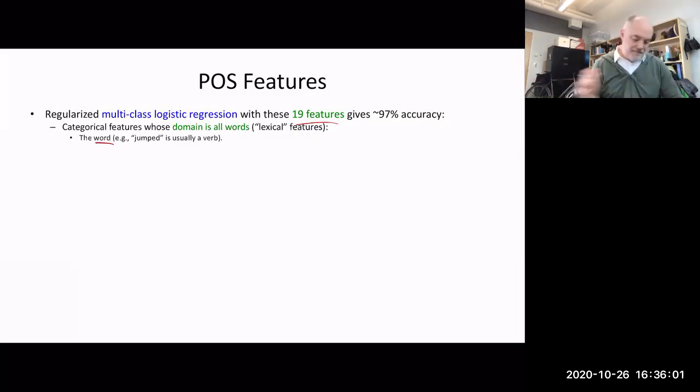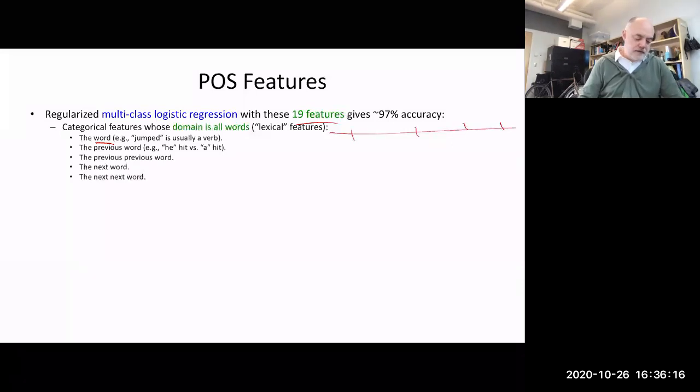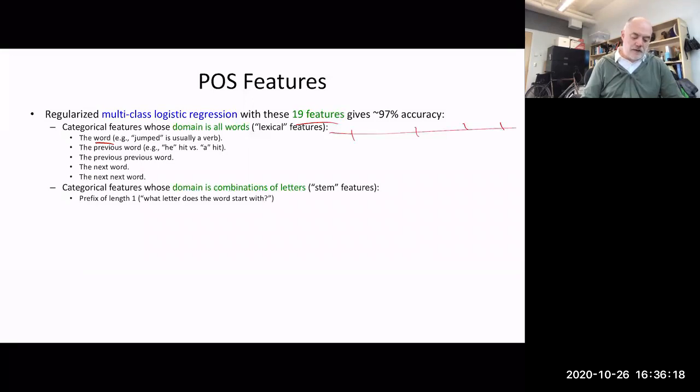So there's a categorical feature. Is this a verb or not? You just literally take all the words in the dictionary, and it's just a 1-hot encoding over all the words in the dictionary, right? The previous word, same thing. The next word, so on and so forth. Okay, so that's like a 5 gram. So you're going to have a very, very large, high-dimensional 1-hot encoded space so far.